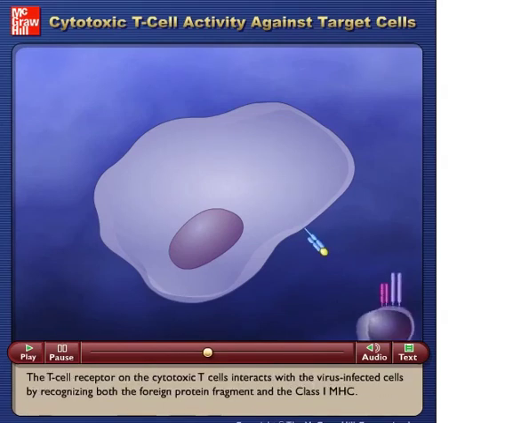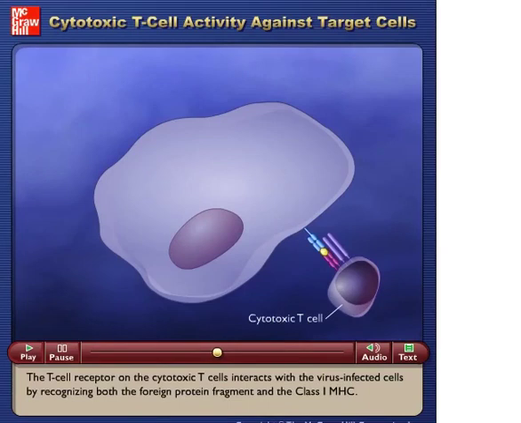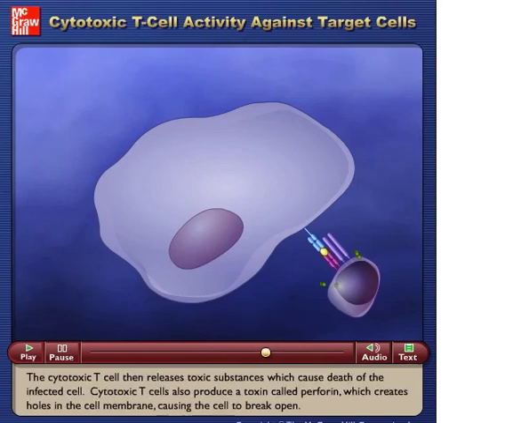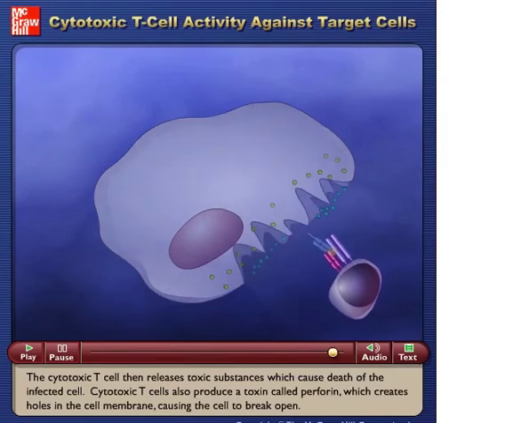The T cell receptor on the cytotoxic T cells interacts with the virus-infected cells by recognizing both the foreign protein fragment and the Class I MHC. The cytotoxic T cell then releases toxic substances which cause death of the infected cell. Cytotoxic T cells also produce a toxin called perforin, which creates holes in the cell membrane, causing the cell to break open.